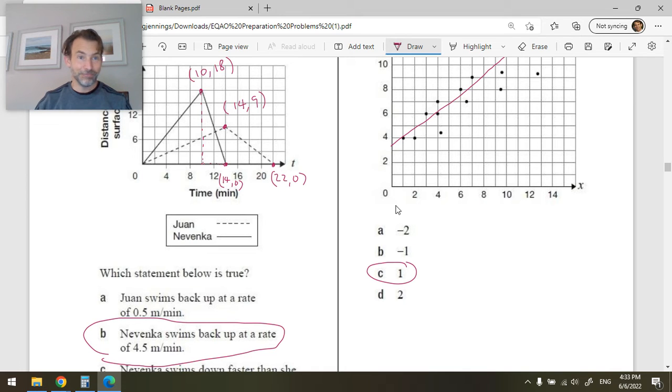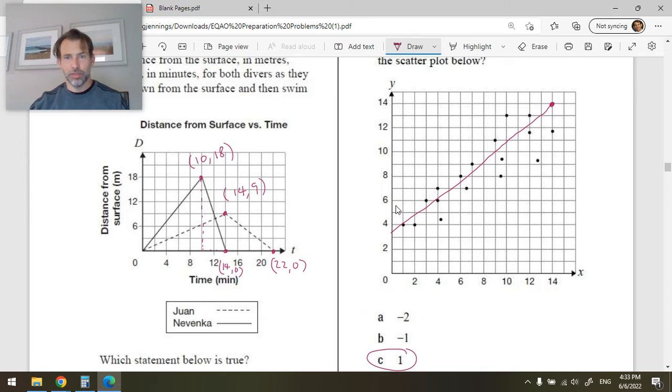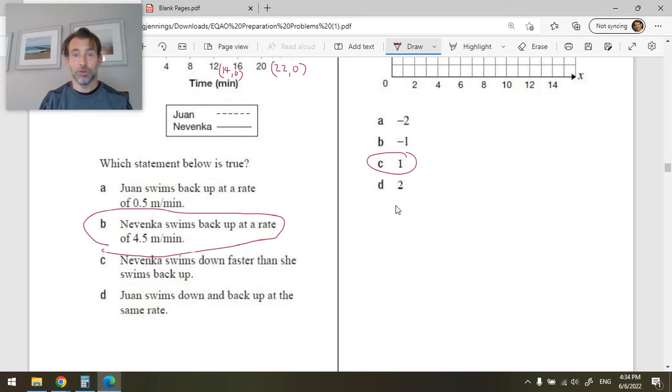Oh, well. How could you put a slope of 1 through there? I guess you go through here and go up to there. No, it's too high. 1 is too high. It should be like 0.8. But 1 is certainly the closest option that they have. So we will go with 1.